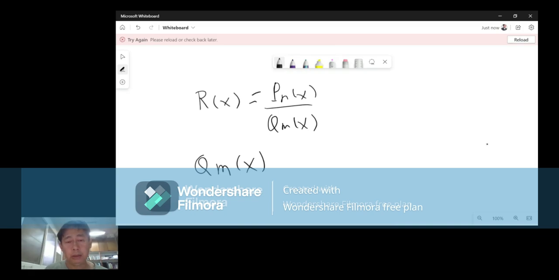If the denominator polynomial Qm cannot be expressed as a product of linear factors or irreducible quadratic factors or a combination of them, then you can't apply the method of partial fraction to integrate the rational fraction.